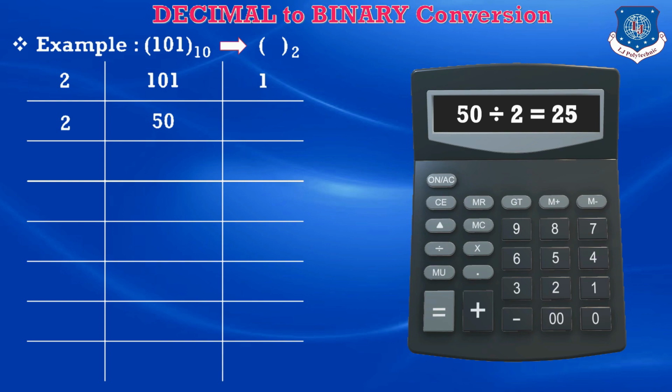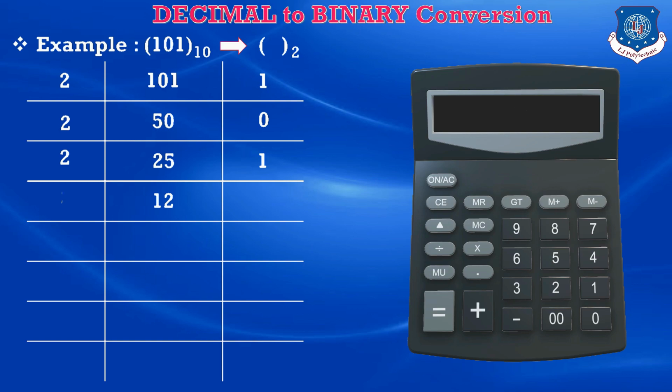Here 25 becomes the quotient, but there is no fractional value, so we write 0 directly as the remainder. Again, 25 is divided by 2, then we get 12.5. Here 12 becomes the quotient and 0.5 is multiplied by 2, then we get 1. 1 is considered as the remainder and we write this over here.